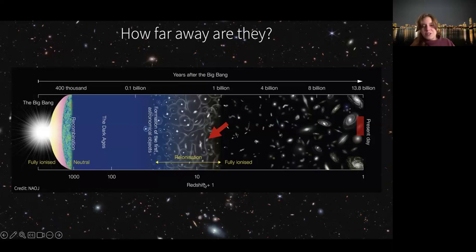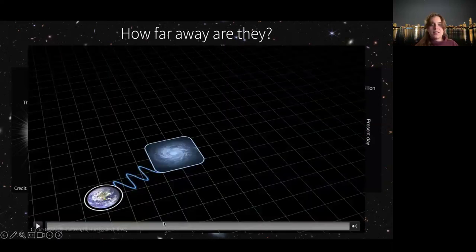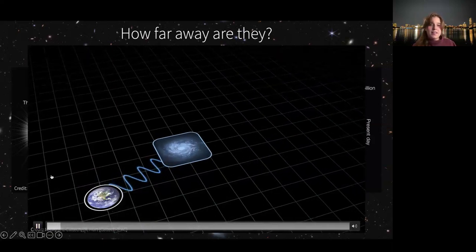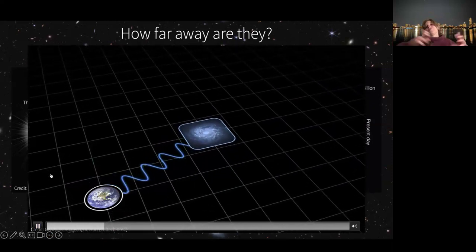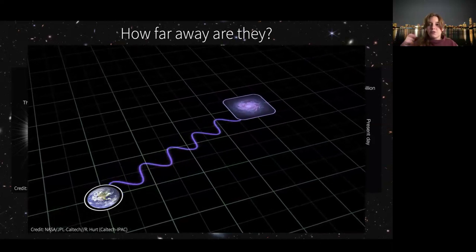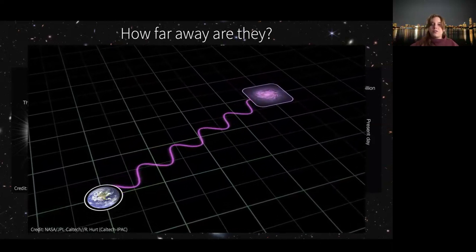Here I also use the word redshift, which I'm not sure if this audience is familiar with, so let me briefly say what I mean by that. If I have a source that emits light, we know that the universe is expanding, and it has been expanding since the Big Bang. So if I shine this light through this expanding universe, the wavelength of the light is going to get stretched. And this is what we call a redshift.